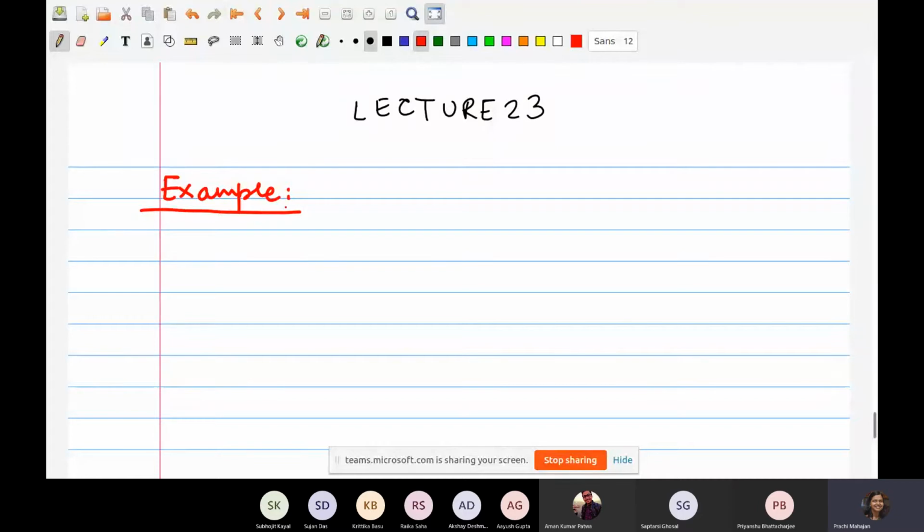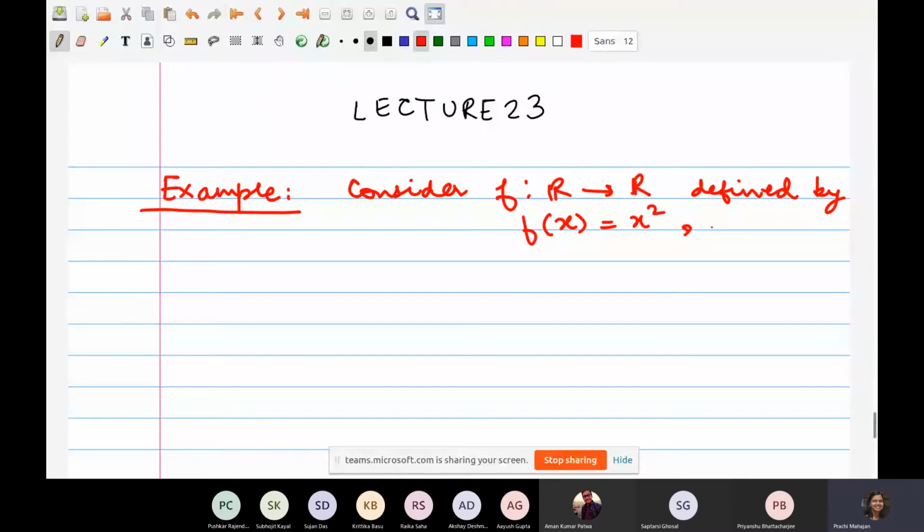Let's look at something very simplistic. Let's consider the function f defined from the real line to itself. So f is defined by sending x to x square.